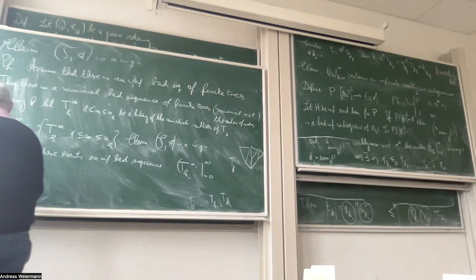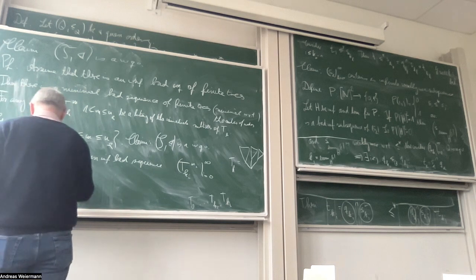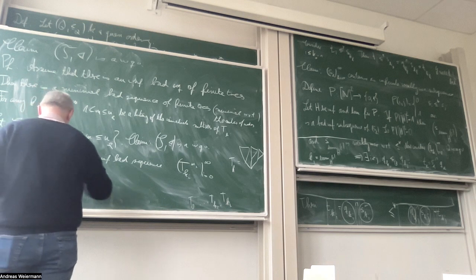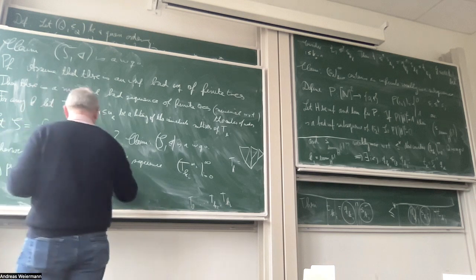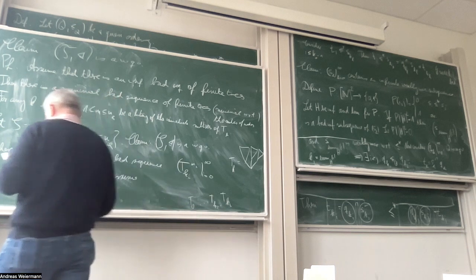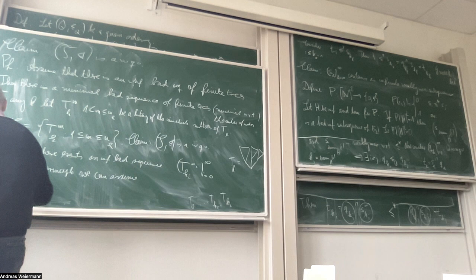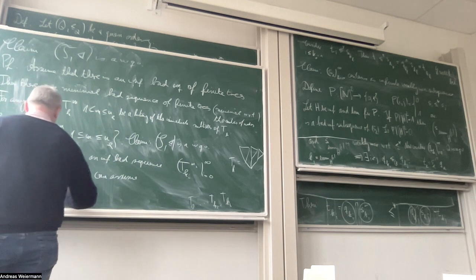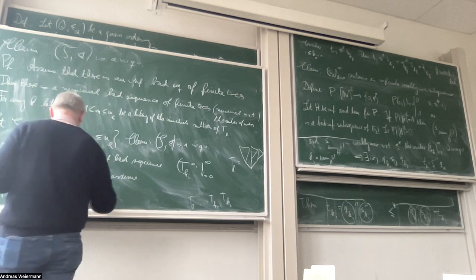So by pigeonhole, we can assume ki smaller than kj for all i less than j.